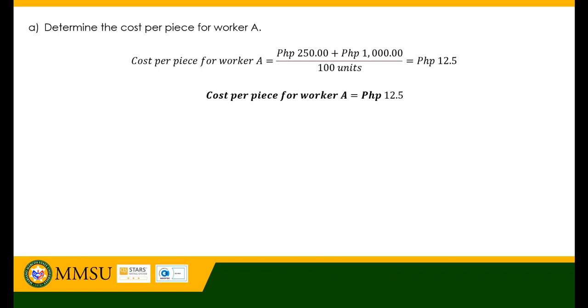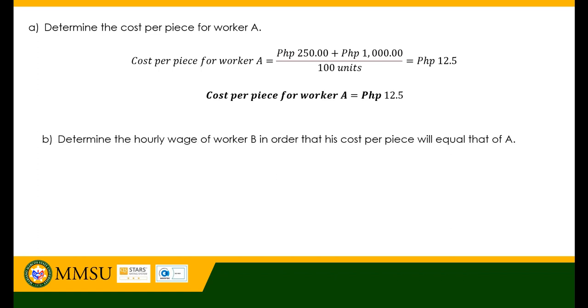So, that's it. Determine the hourly wage of worker B in order that his cost per piece will equal that of A. So, yung cost per piece ng A is 12.5 pesos. Okay.